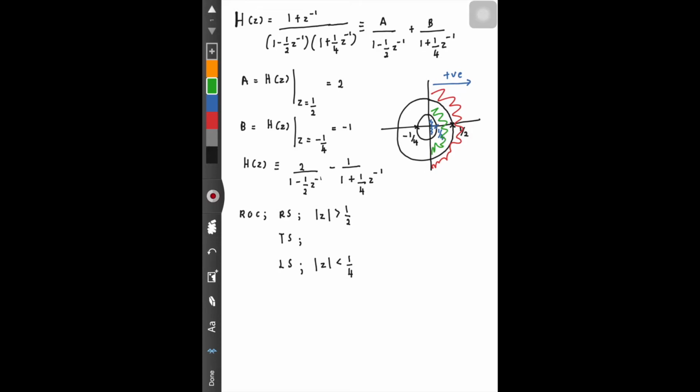When we talk about two-sided, it is in between the two poles, so basically it is in between 1 over 4 and 1 over 2. Okay, done.